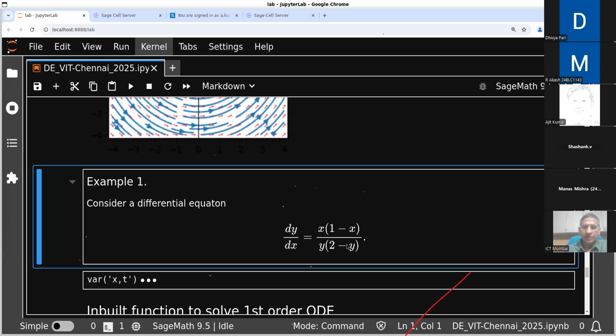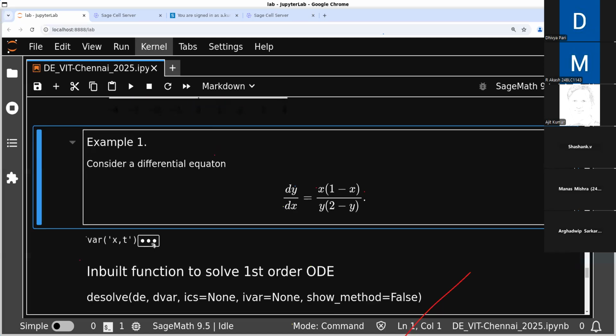Variable separation method, sir. Quite easy, right? You can write y into 2 minus y dy is equal to x into 1 minus x dx. Right. So let us try to solve this using Sage.